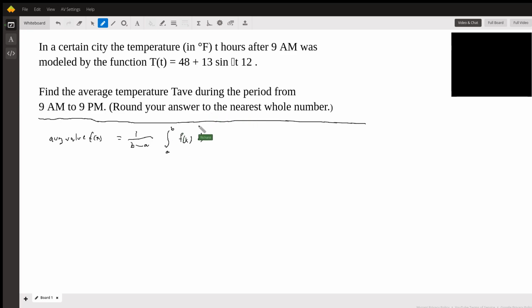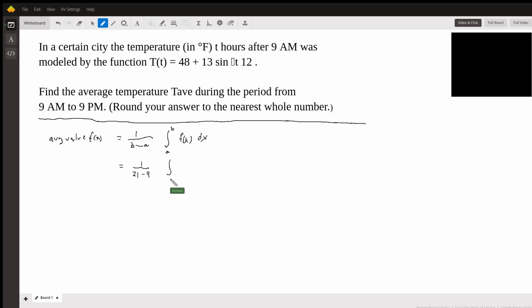So now we're just going to plug this in. We're starting at 9 o'clock, so that'll be 9, and then we're ending at 9 p.m., which is going to be 21 hours, minus 9.